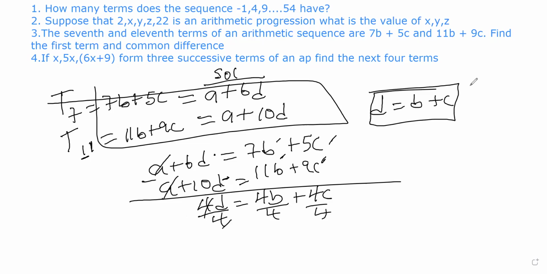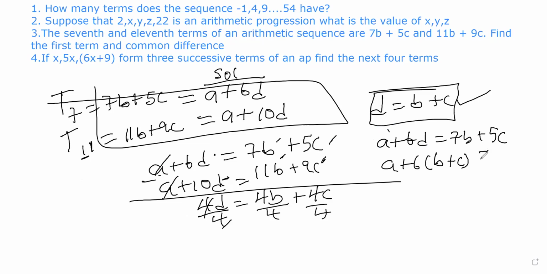They say find the first term and common difference. We have gotten the common difference, so the next step is to find the first term. How do we find the first term? We substitute this into any of these equations. I'll pick a plus 6d equals 7b plus 5c. So a plus 6 bracket b plus c equals 7b plus 5c.